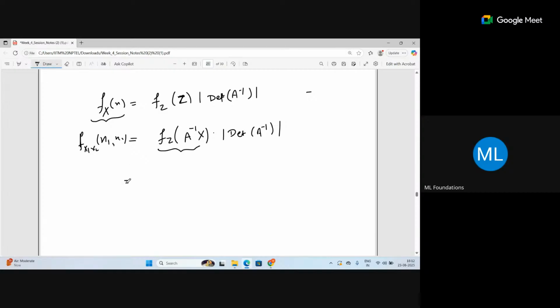It is equal to 1 upon 2 pi, okay, 2 pi only, not root 2 pi, e to the power minus half norm of A inverse x square, right? And what is the determinant of A inverse? It is 1 upon the square root of 1 minus rho square. All of you are fine with this part? If you don't understand, let me know now.